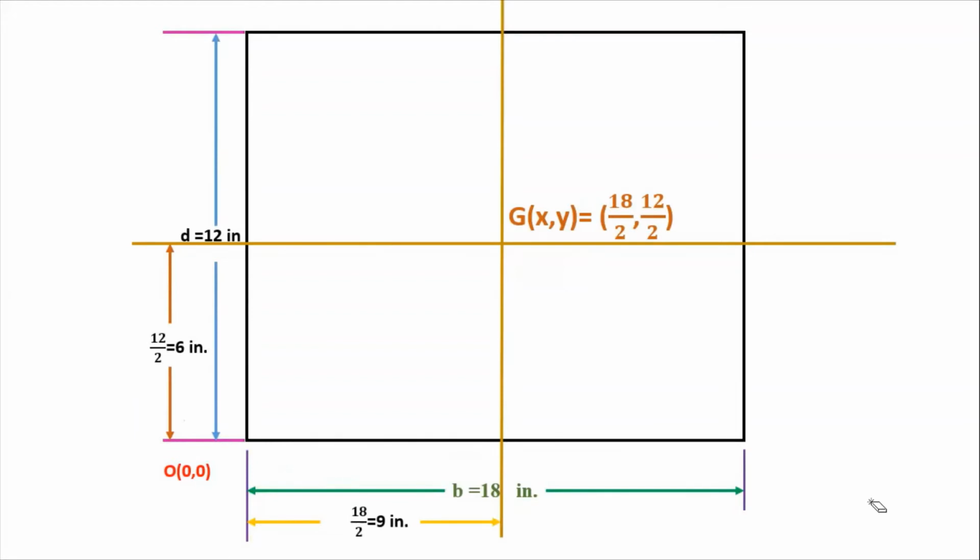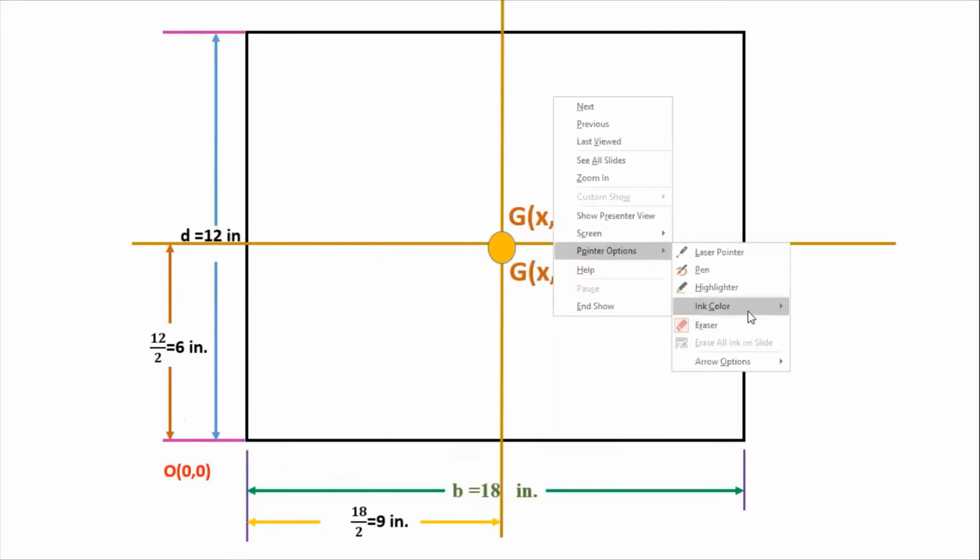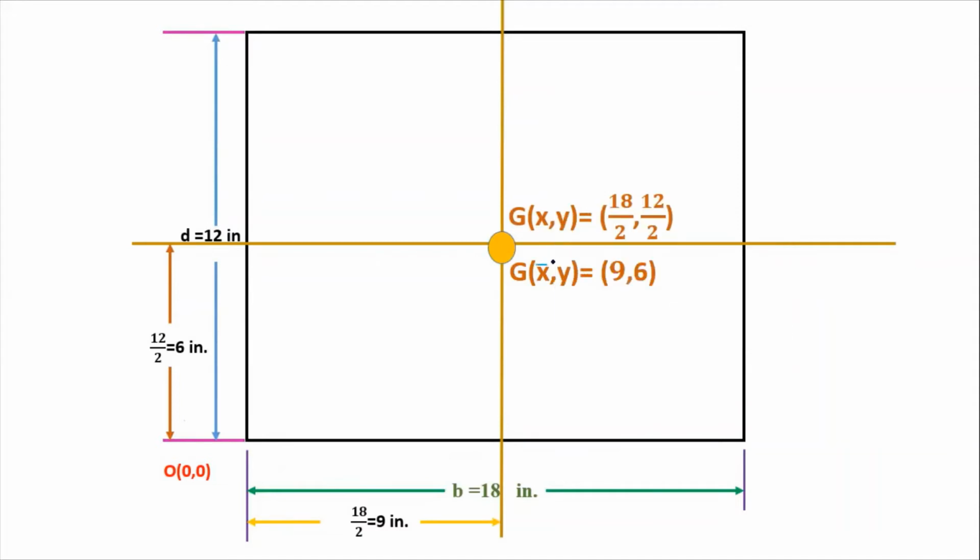So it is coming out to be the centroid. This is the way to calculate the centroid. You can also write it as x bar, y bar, so it's up to you. It is coming out to be 9 inches comma 6 inches.